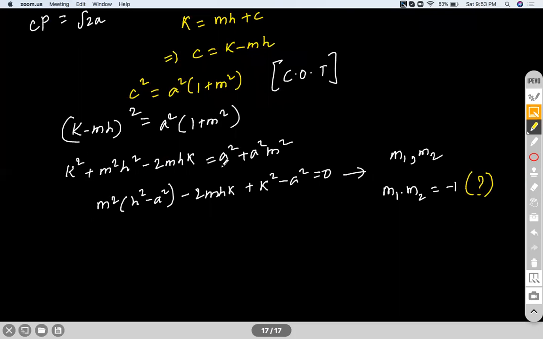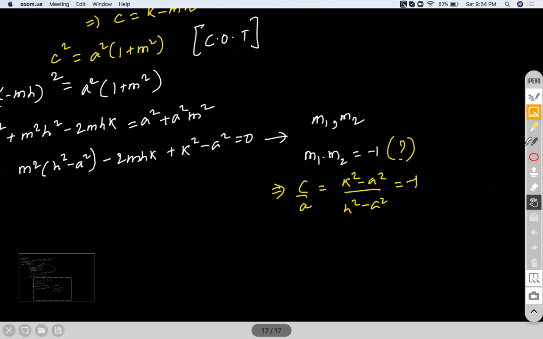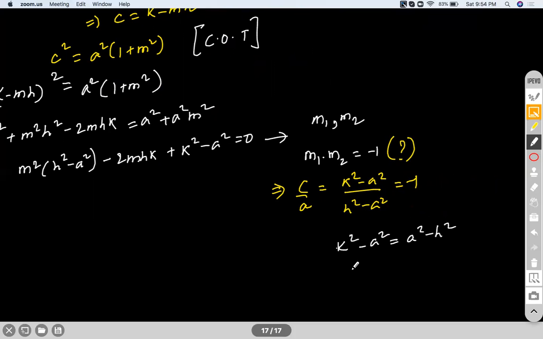In any quadratic, the product of the roots is given as c by a, right? So c by a here would be k square minus a square by h square minus a square, and this should be minus 1. Which means k square minus a square is a square minus h square. That means h square plus k square is 2a square. Now generalize this: x square plus y square is equal to 2a square. Done. Proved.